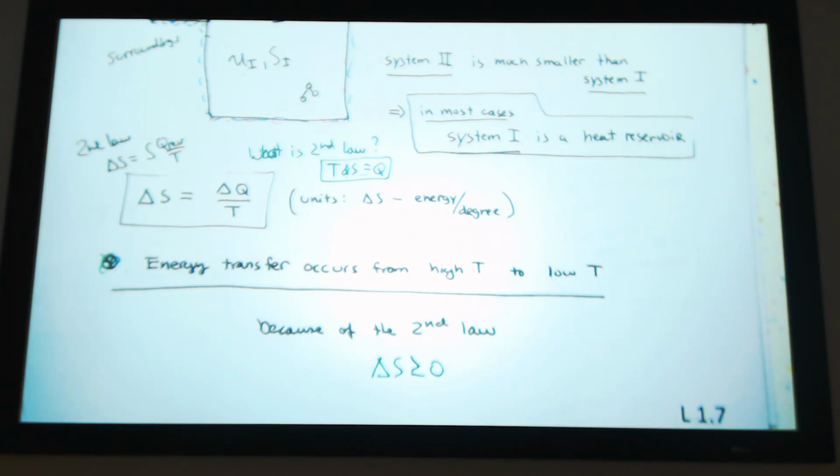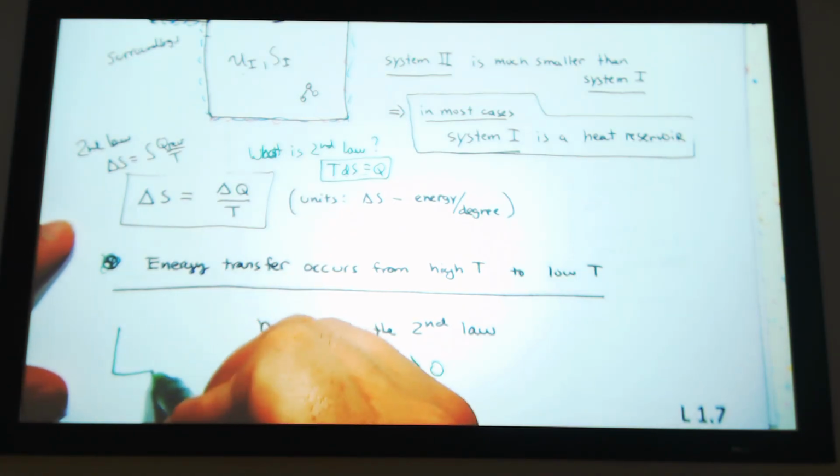So if I just have hot system A, cold system B, I put them in contact with each other, I don't do anything more, I just let nature take its course. Heat goes from high temperature to low temperature in order to not violate the second law of thermodynamics that says entropy should increase. The change in entropy should be greater than or equal to 0 for an isolated system.